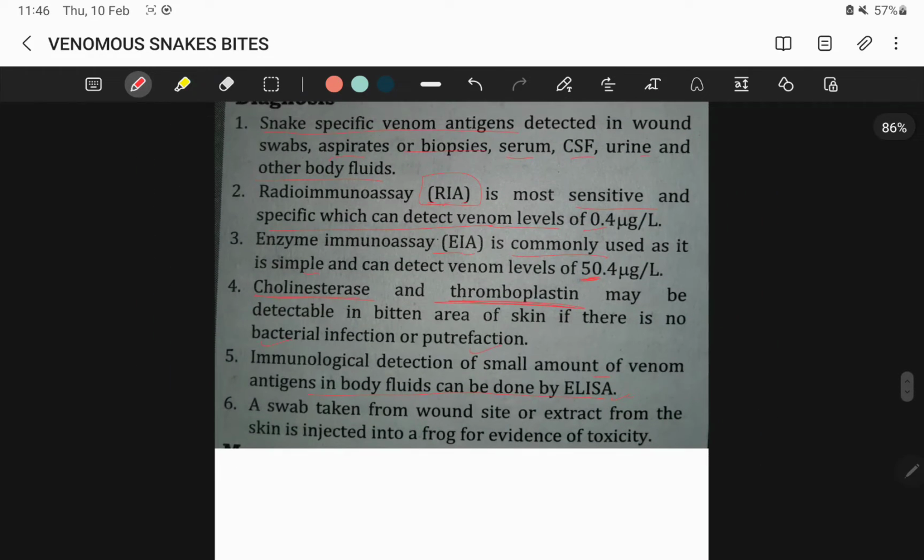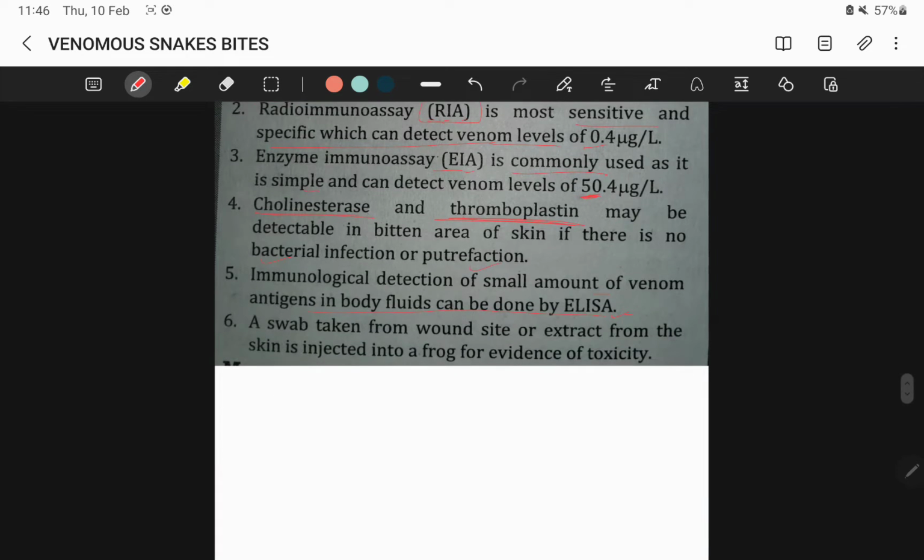So first we have to detect snake specific venom antigen in blood, CSF and so on. Another is RIA, radioimmunoassay, the most sensitive and specific. And then EIA, enzyme immunoassay, that is very commonly done, okay. And then cholinesterase and thromboplastin on the site of the bite if there is no putrefaction or bacterial action, right?